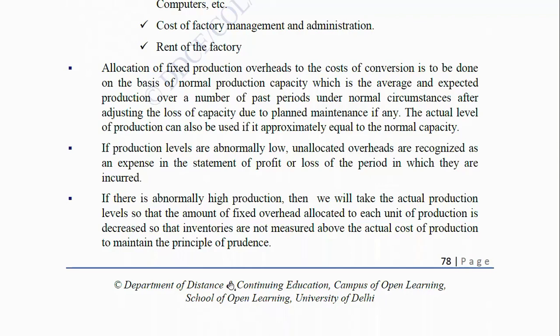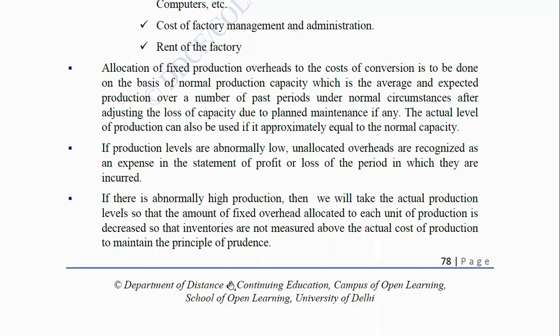The actual level of production can also be used if it is approximately equal to the normal capacity. If the production levels are abnormally low, unallocated overheads are recognized as expense in the statement of profit or loss of the period in which they are incurred.